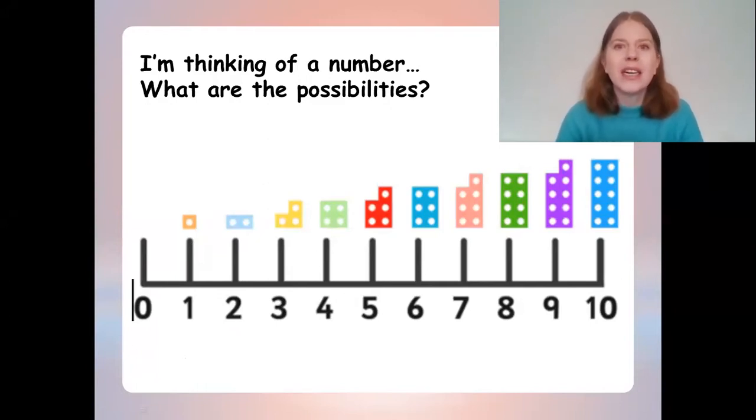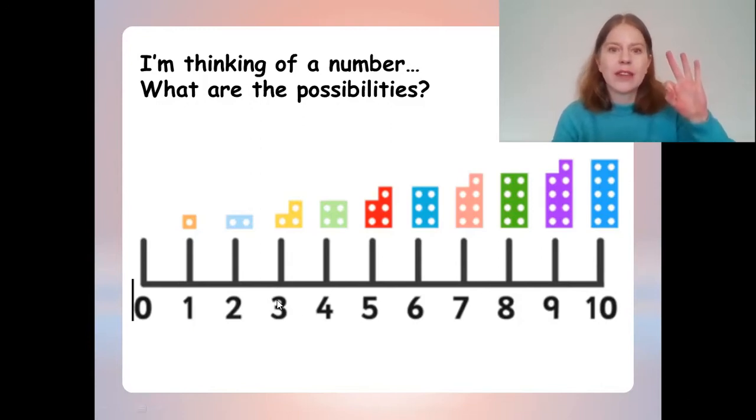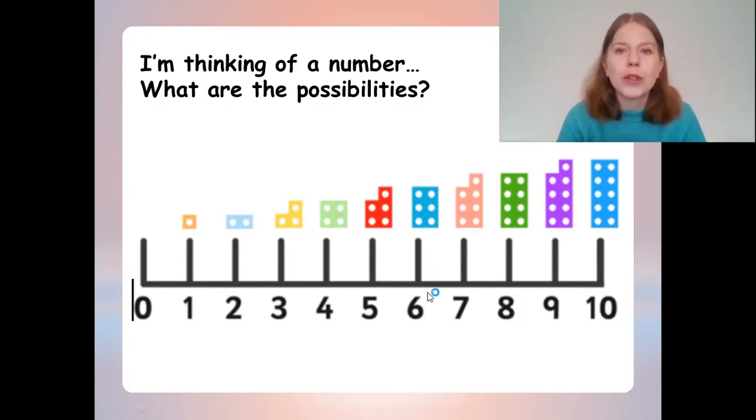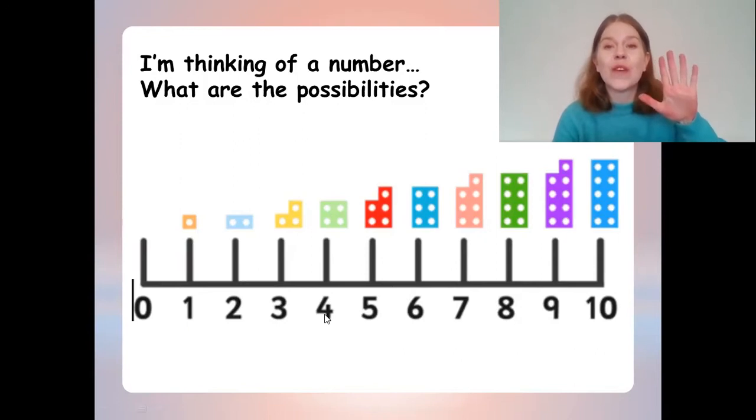So my number is more than 3, so here's number 3, more than 3, but then less than 6. What are all the possibilities? So my number is more than 3 and less than 6. Have a look at the number line, which numbers are in between? That's right, it's 4 and 5.